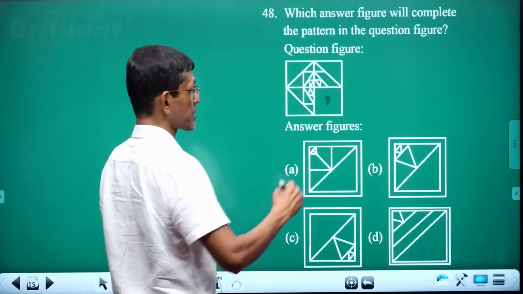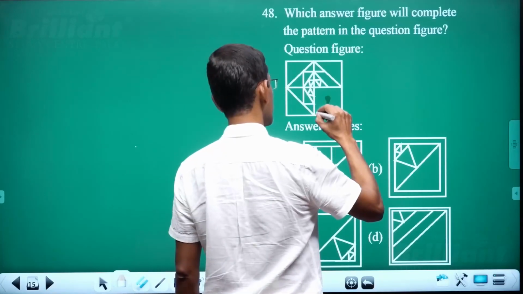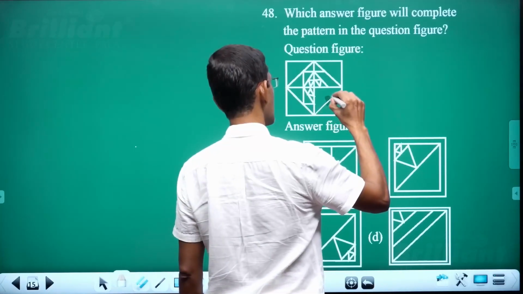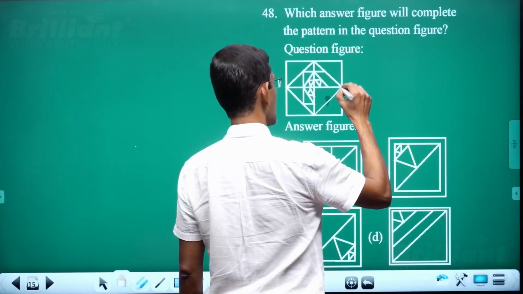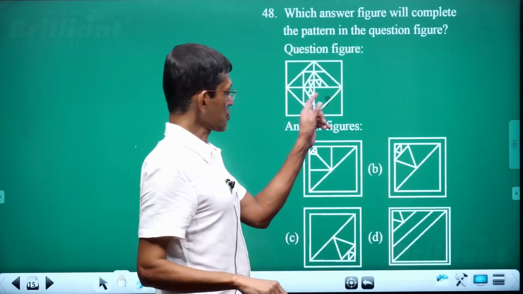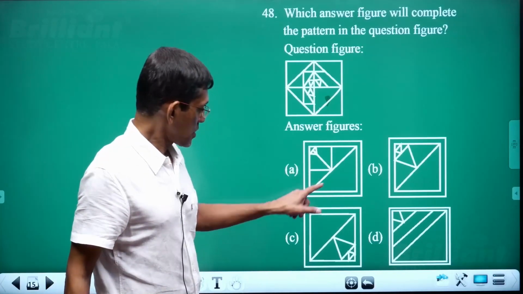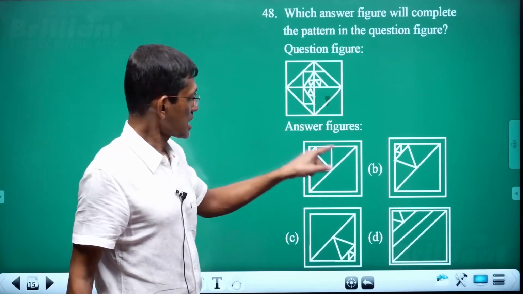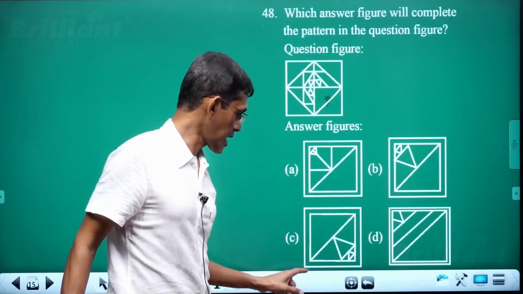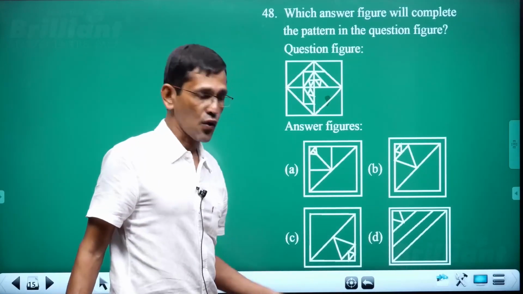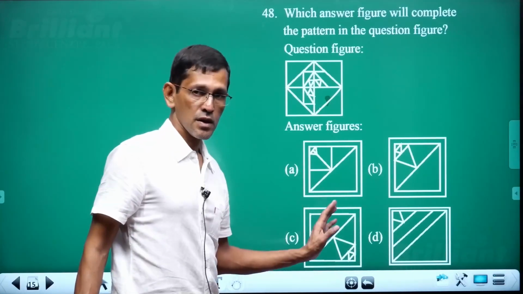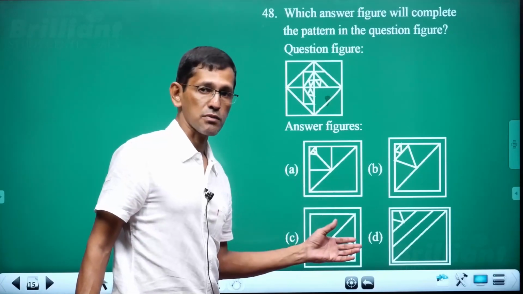Here it is. So first of all, we need to have a line. So that part is completed. So here we have a diagonal line, here we have a diagonal line, here we have a diagonal line, here we have a diagonal line. All 4 answer choices at this point of time are possible.